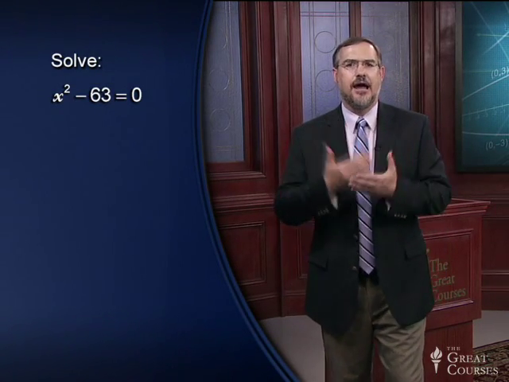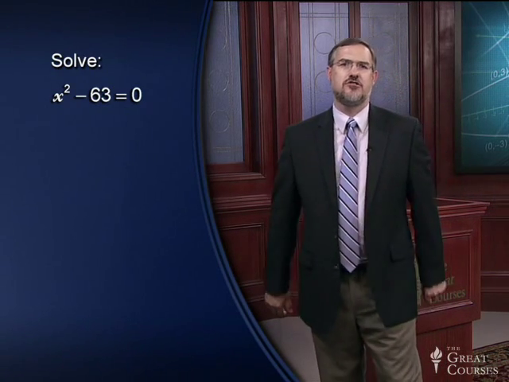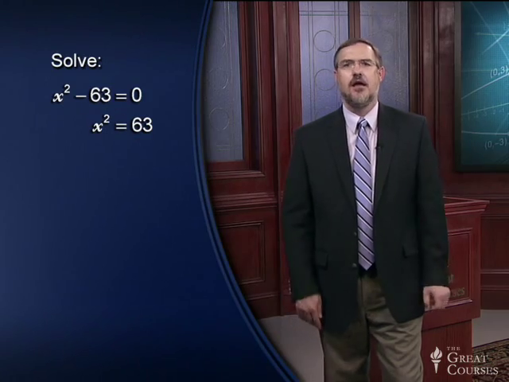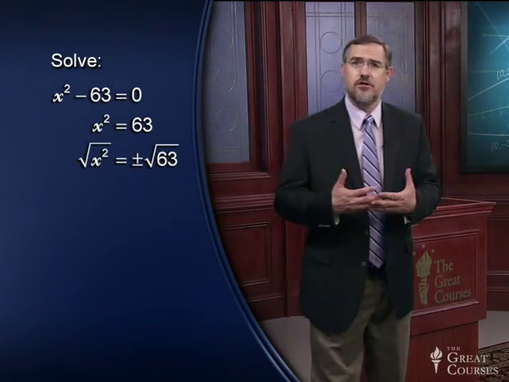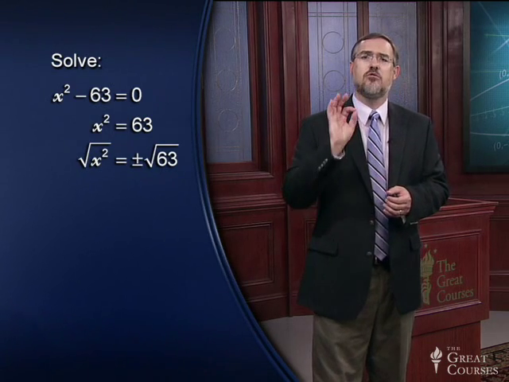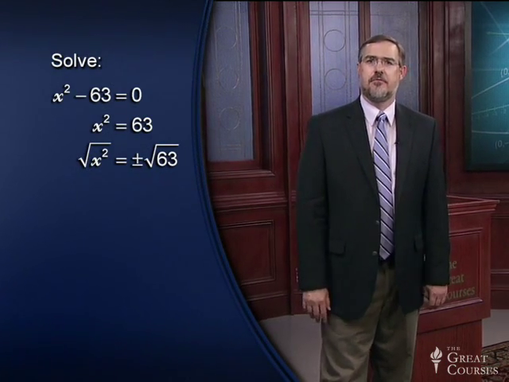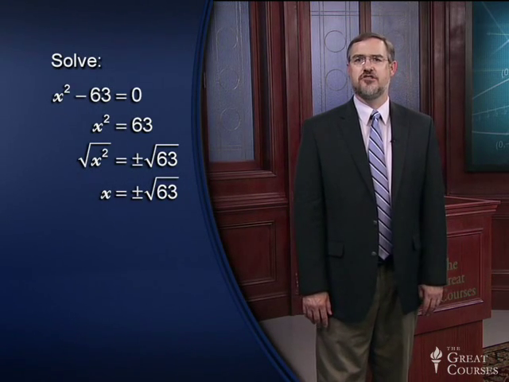So, x squared minus 63 equals 0. I'm going to add 63 to both sides, giving me x squared equals 63. I just take the square root of both sides, and I'll have the square root of x squared equals plus or minus the square root of 63. And that's the same as x equals plus or minus the square root of 63.